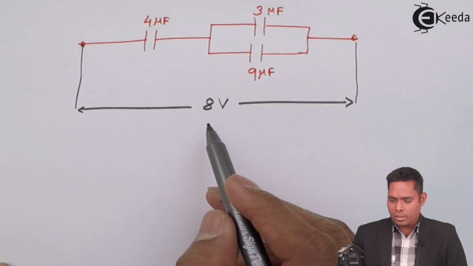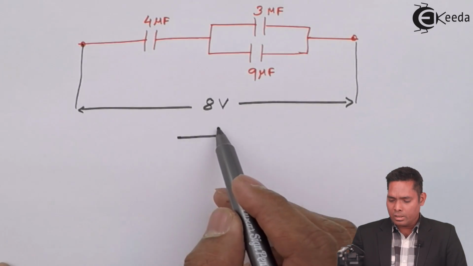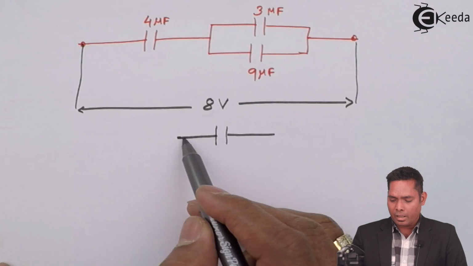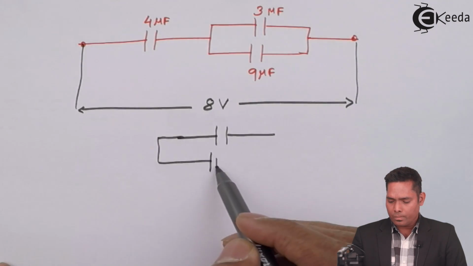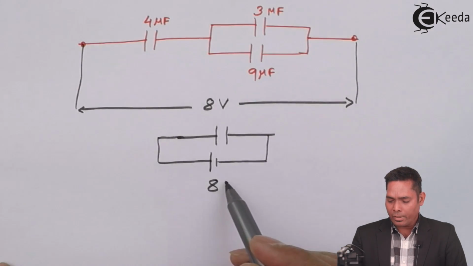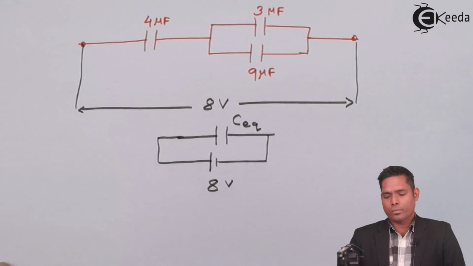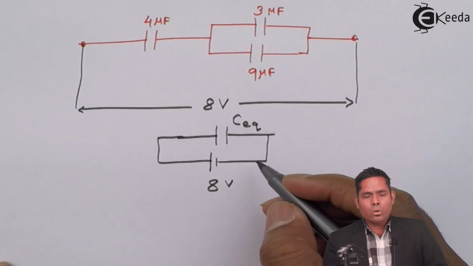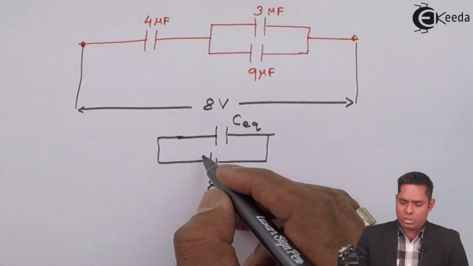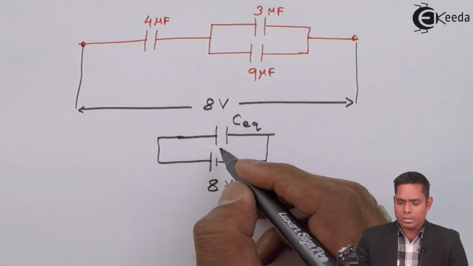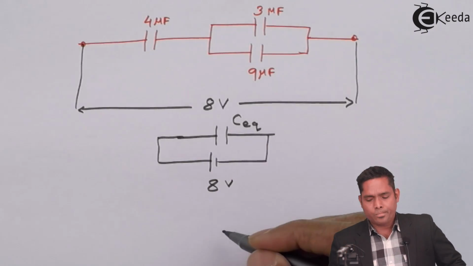So this can be reduced to a single circuit of a single capacitor and a battery of 8 volt, 8 volt battery and a single capacitor C equivalent, because that is how we can find the charge that is stored in this capacitor.